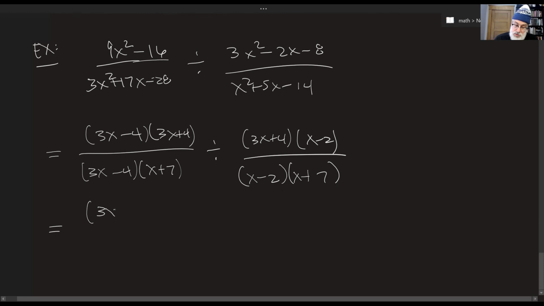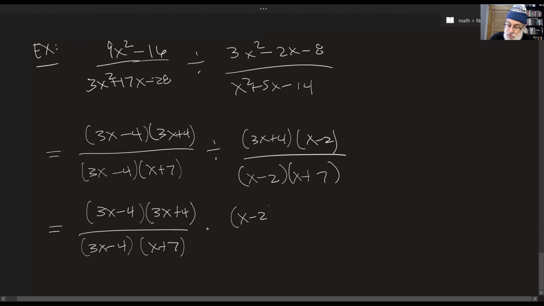Now, let's write it as reciprocal multiplication. And remember, reciprocal is taking the second fraction, turning it upside down, and writing that as a multiplication. So the numerator becomes the denominator, and the denominator becomes the numerator. And then we have this.